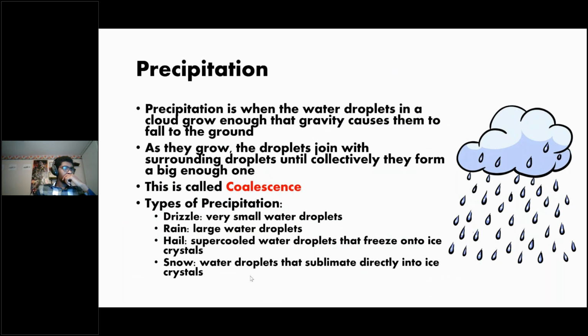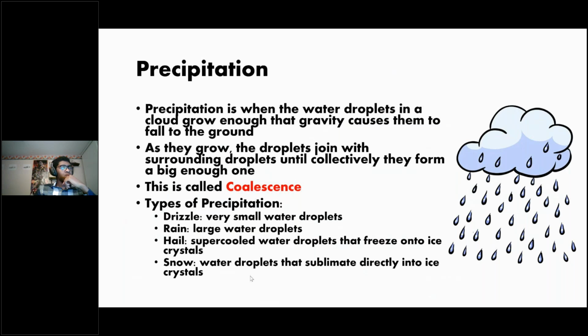We can have hail, which I'm sure you guys know what it is, but what it's made up of is basically super cooled water droplets that freeze onto ice crystals. I'm sure we all know the freezing temperature of water is 0 degrees, but what can happen up in a cloud is that if the cloud is stable enough, water droplets, even when they go below 0 degrees, won't freeze immediately.